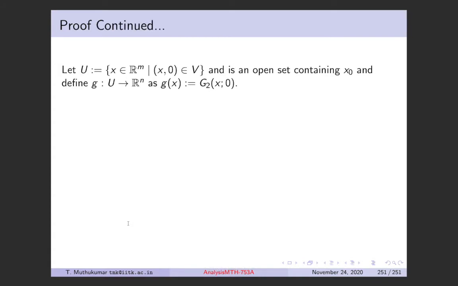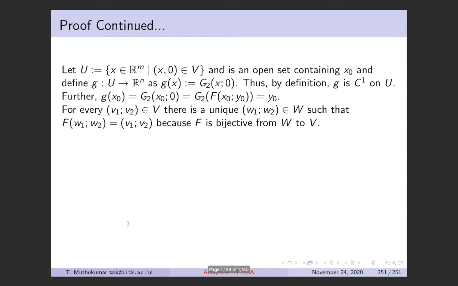Okay, so to prove that statement, that f(x, g(x)) is 0 for all x in U, let's observe some things. If I take an element (v1, v2) in V, if you remember, this V was a subset of Rm cross Rn, so this is an Rm cross Rn element, and V is an open set of that.